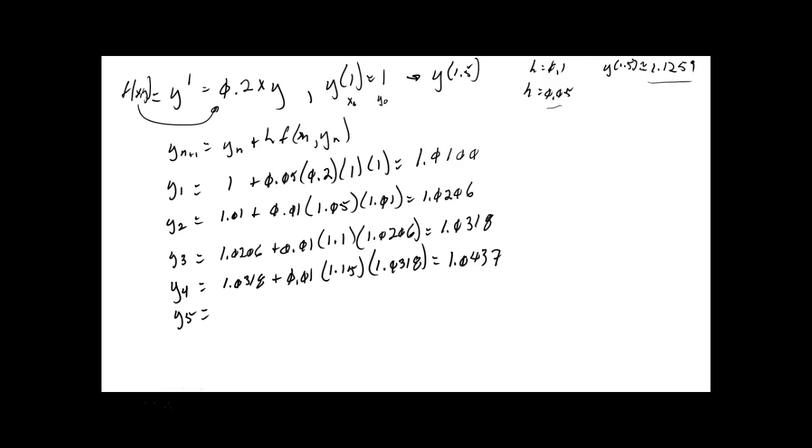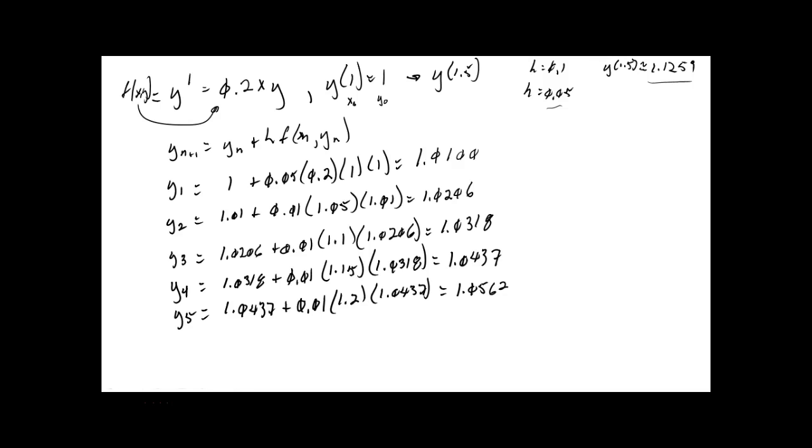And that's what the book got. Then the next step, y sub 5, will be 1.0437 plus that 0.01, that's the step size times that first multiple. That doesn't change. And this will be 1.2 times 1.0437, which is 1.056222. That's what the book got.